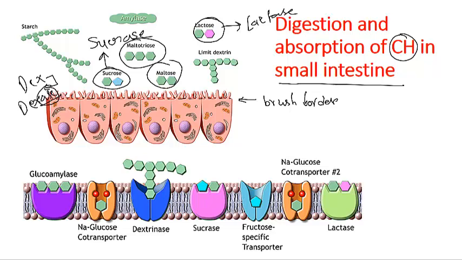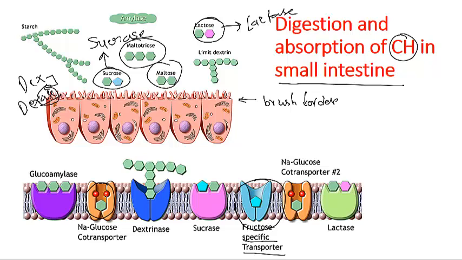Fructose enters the epithelial cell on its own via its own transporter, a fructose-specific transporter, but glucose and galactose transfer at the same time at a specific region. We also have the glucose sodium co-transporter, which helps to move glucose using the sodium ion concentration gradient.